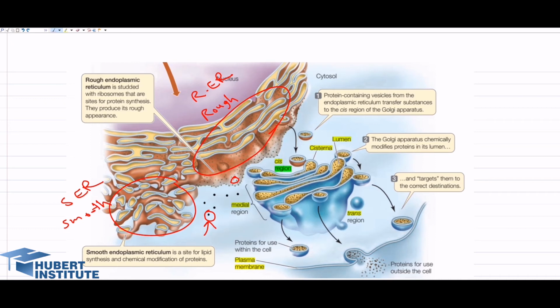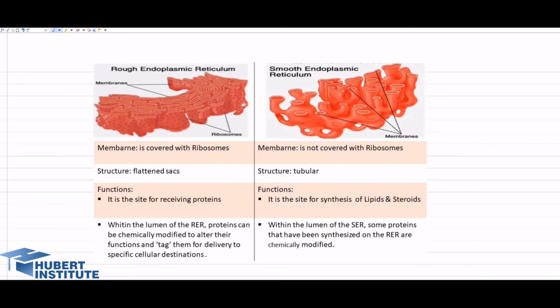So let's compare these two types of ER in this chart. The first difference is based on the presence or absence of ribosomes. RER has them and SER doesn't. And the other is about their structure. SER is more tubular than RER. And what about their functions?